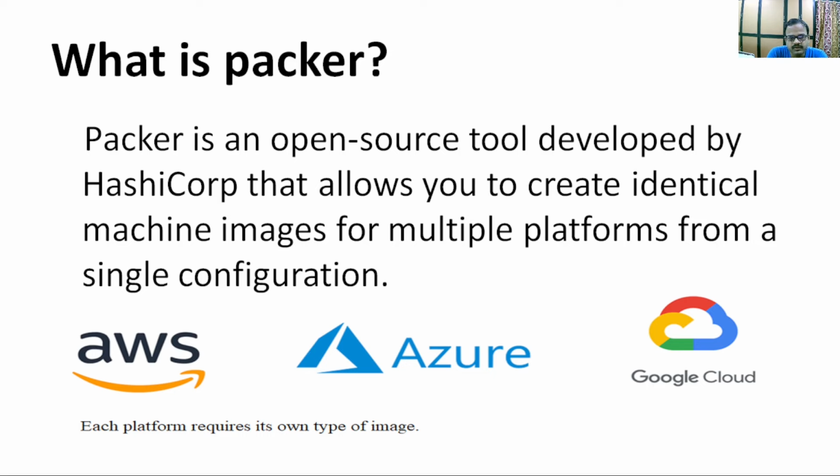What Packer can do is, if your organization is working with AWS, and tomorrow the organization wants to adopt Azure and GCP also along with AWS as a part of a multi-cloud program, there will be so many reasons why an organization wants to go with multi-cloud, like cost savings, and some services may be very useful in some cloud providers.